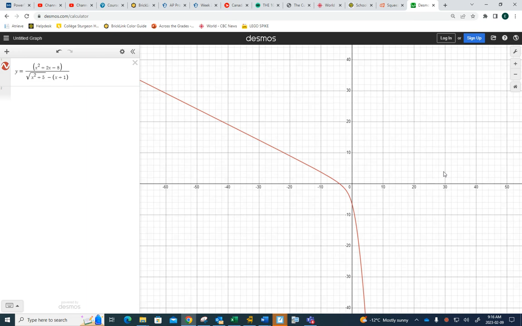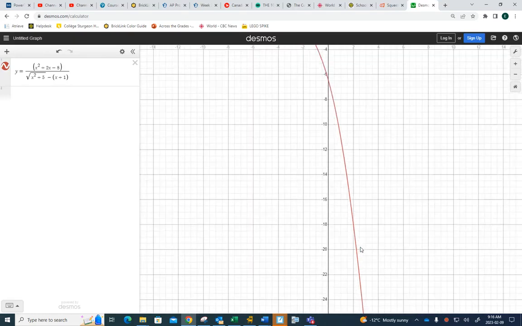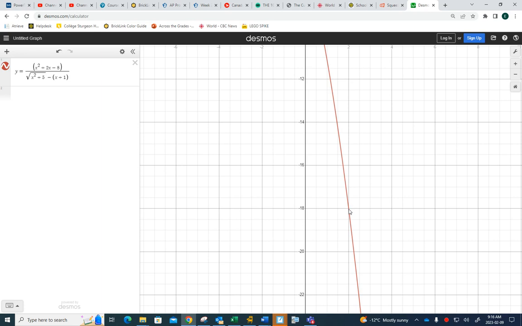I was hoping for a more exciting looking graph. But apparently, if we would look at Desmos, there it is. If I click on 2, it goes 2, undefined, saying that that value is a hole in our graph.